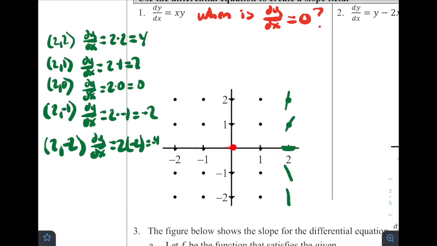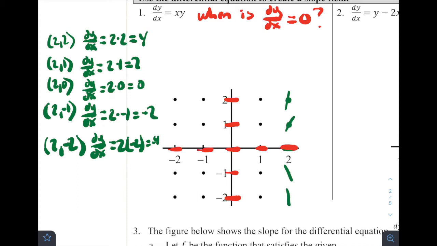Those are places where the y value is 0, or things that are on the y-axis when the x value is 0. So any of those coordinates, the slope is going to be 0, which means we're going to have these horizontal lines at each of those values. These are all places where the slope is 0. And that saves me some time now because I don't need to calculate those like I did over here. That gets rid of a number of my points, which is really nice.